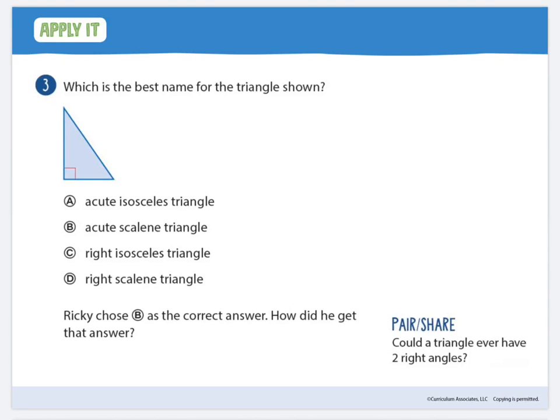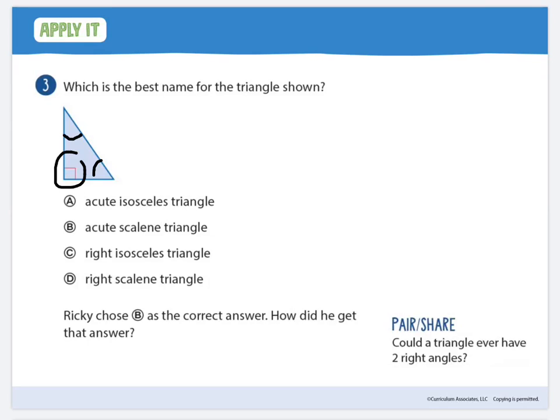Number 3. Which is the best name for the triangle shown? The first way that we are going to classify our triangle is by the angles. We're going to look at these angles that this triangle has. It has 2 acute angles, but it also has 1 right angle. And remember, if a triangle has only 1 right angle, that makes it a right triangle.